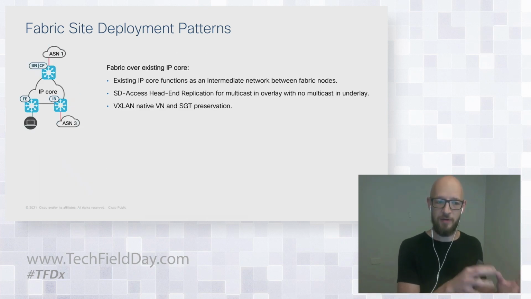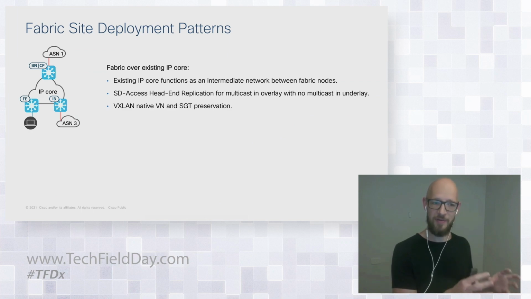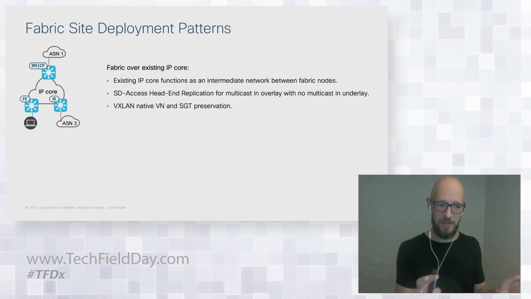Okay. The next use case that's been cropping up a bit recently is fabric over a traditional IP core. So as I mentioned before, intermediate nodes are just big switches. And what this really means is that if a customer has a campus, and I've certainly worked with some in this scenario, they might have an IGP already deployed, and we can just attach fabric elements to the edge of that IGP and use the existing core as a transit between fabric nodes.